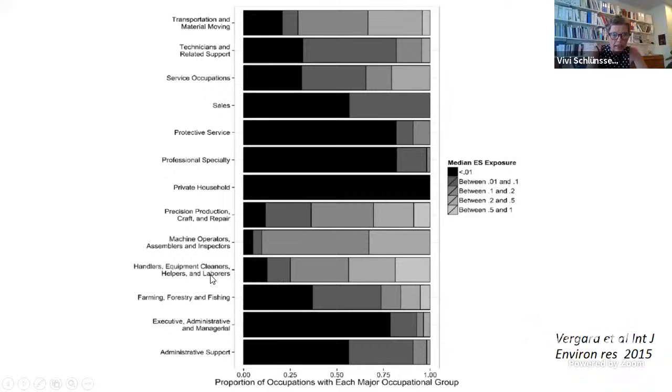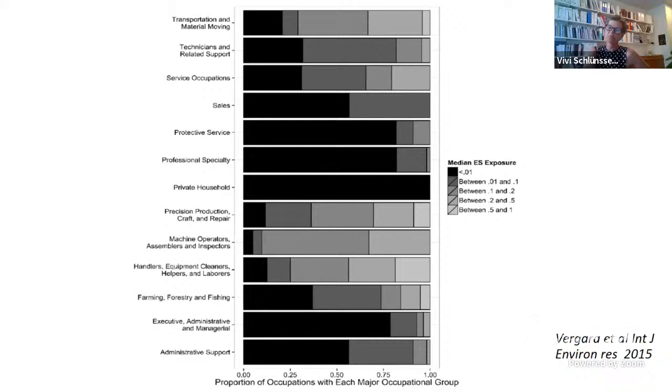Handlers, equipment cleaners, helpers, and laborers have the highest proportion of occupations with a high median electric shock exposure probability, whereas private households didn't really have any risk.